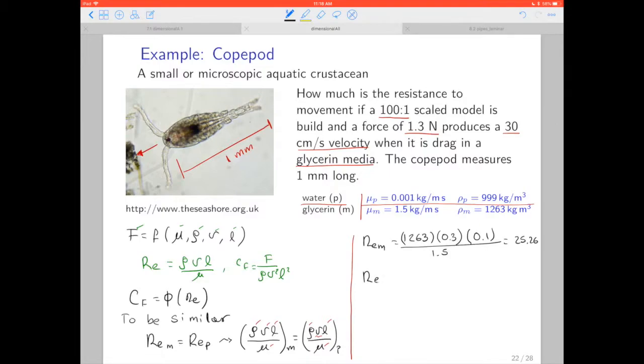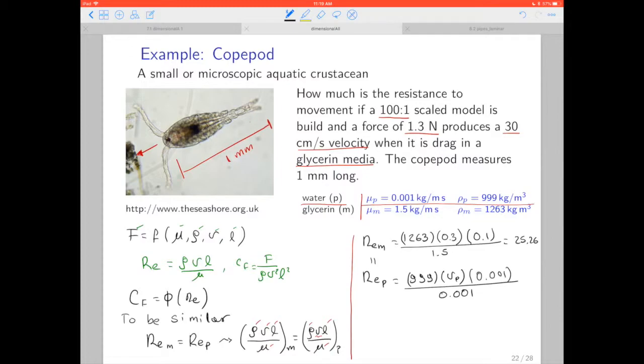And for the prototype, Reynolds of the prototype, what we have is density 999, multiplied by the velocity in the prototype, we don't know the velocity, multiplied by the length, which is 1 millimeter, and divided by the viscosity, which is 0.001. So from here we have that Reynolds in the model is equal to the Reynolds of the prototype.